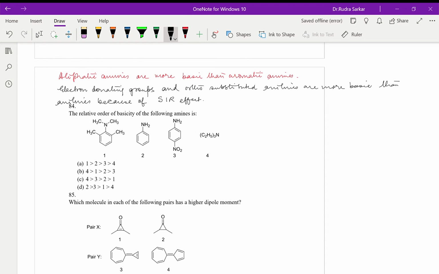And electron withdrawing groups decrease basicity or basic character by making the lone pairs less available for donation.